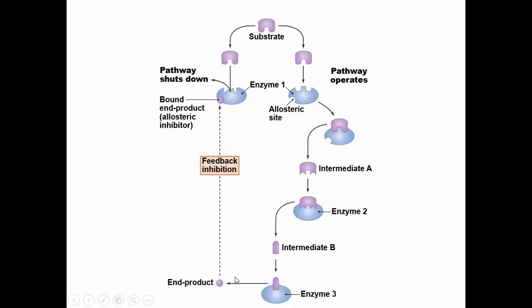If we have plenty of this molecule in the cell, this molecule feeds back to enzyme 1, binds to the allosteric site, and alters the active site so that we can't act on this substrate anymore. As our end product molecule is consumed in the cell, it will even be pulled off of the enzyme, making the enzyme active again, and this pathway will operate again so that we can make the end product.